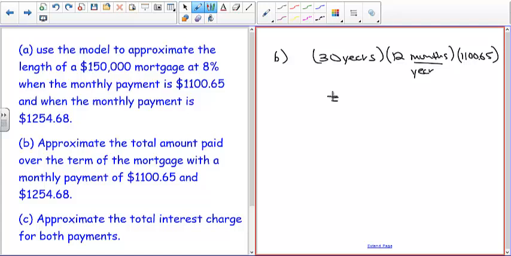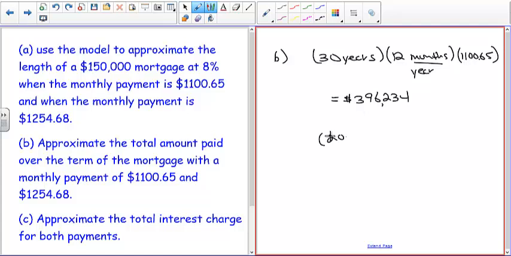This difference is going to show how much less money we have to pay if we have a 20-year mortgage instead of a 30-year mortgage. So we pay $396,234. So for the $150,000 mortgage, we pay $396,000.